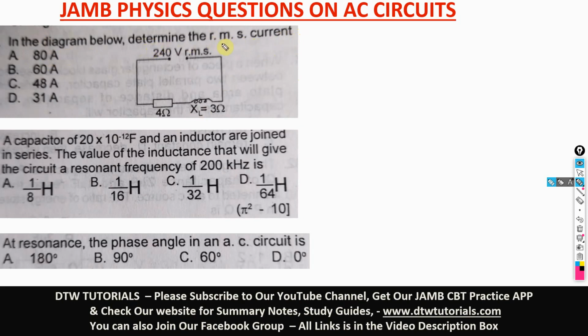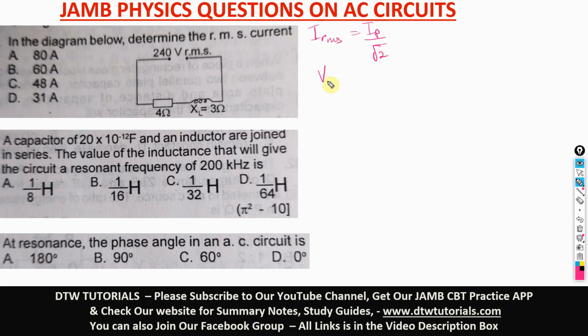Now, what RMS means is root mean square current. So we have two things in an AC circuit: root mean square current and root mean square voltage. Your RMS current is equal to the peak current over the square root of 2. This is the formula for the root mean square current.